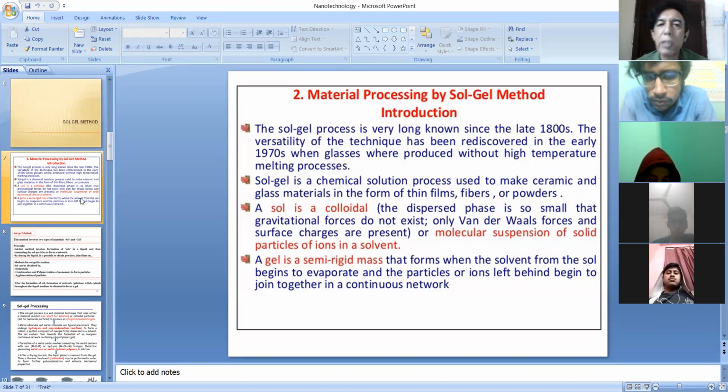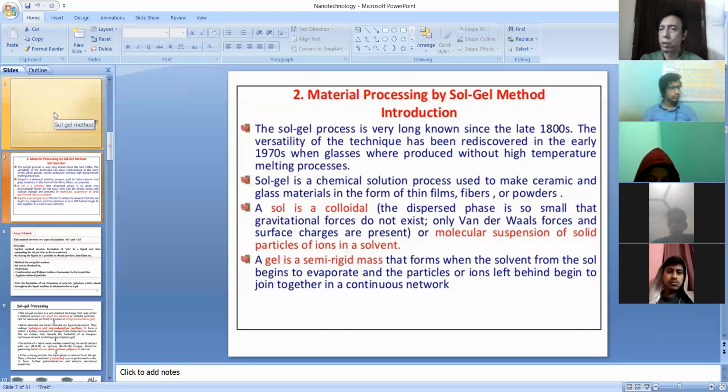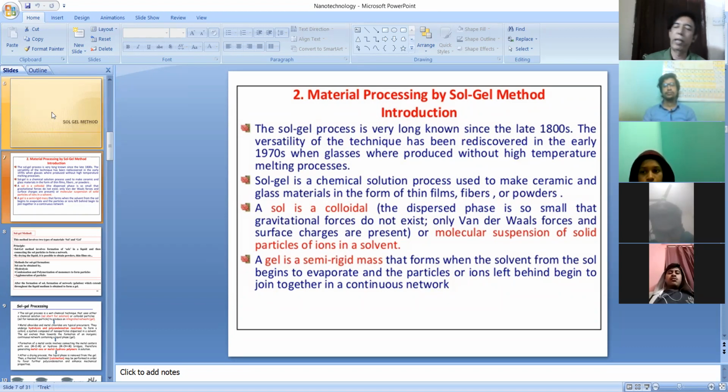The sol-gel process has been known since the late 1800s. What does it mean? The process is known, it is a very old process, but the process of making nanomaterial is the new process, because nanomaterial was actually discovered in 1985 or 1991, whatever you say, after that.